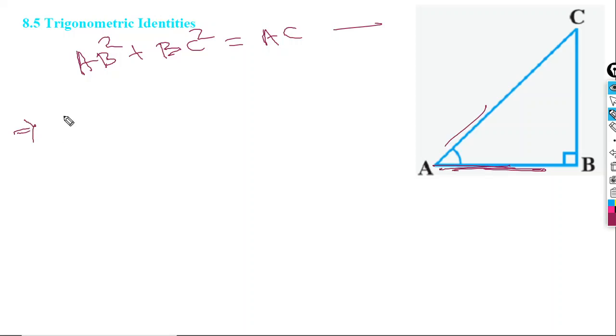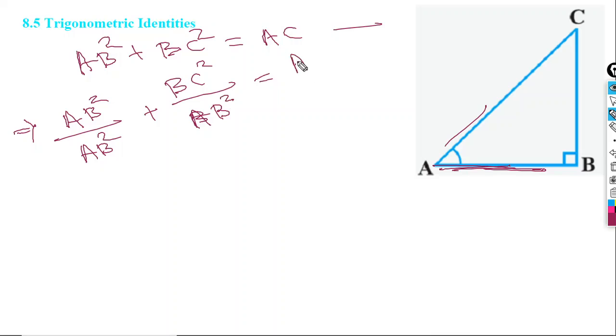Again same story: AB square plus BC square equal to AC square. Why? Pythagoras theorem. In the first case we divided by AC square. Now we will divide AB square on both the sides. So AB square by AB square plus BC square by AB square equal to AC square by AB square.